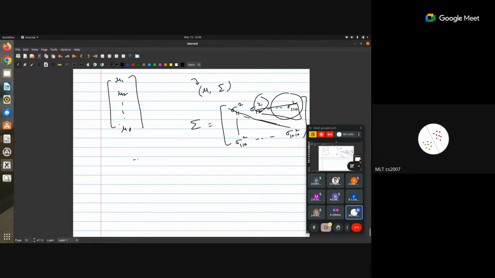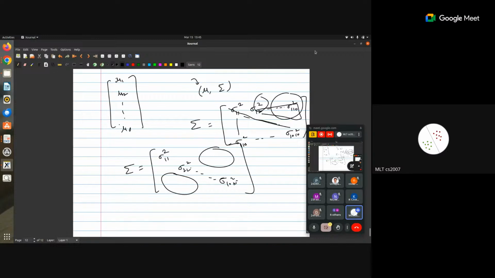Independence always gives me what? The covariance equal to 0, right? And that's why this sigma will be only a diagonal: sigma 1 1 square, sigma 2 2 square, up to sigma 10 10 square. So these are variances across each of the variables, and the off-diagonal parts will be 0.